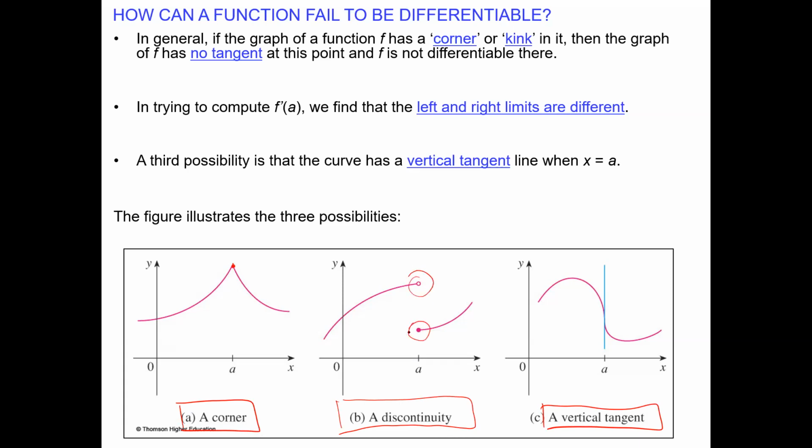Even if we have a point defined, we will never be able to draw a tangent line. That's the reason that if a function is discontinuous, we can also say no derivative. The function is not differentiable at this point. So we have these three possibilities: corner, discontinuity, and the vertical tangent.